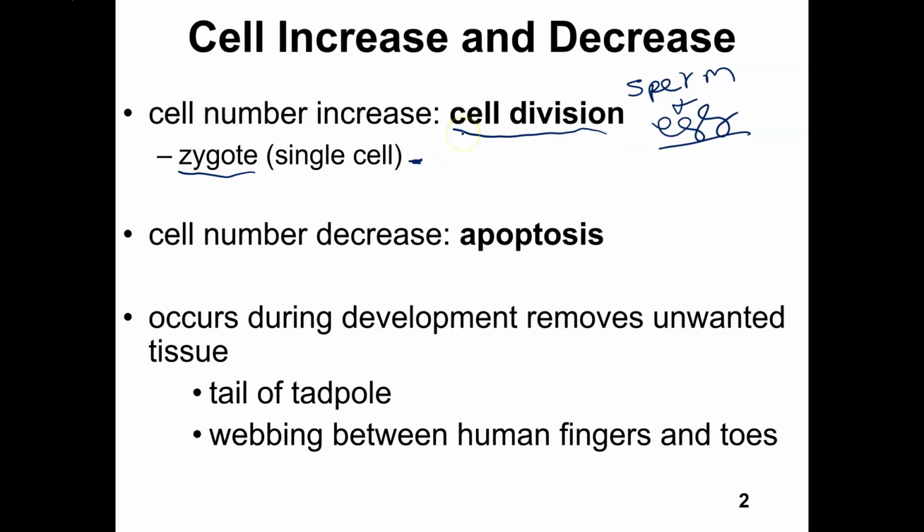Okay, so we have a single cell. It goes through multiple mitotic divisions and specializations.